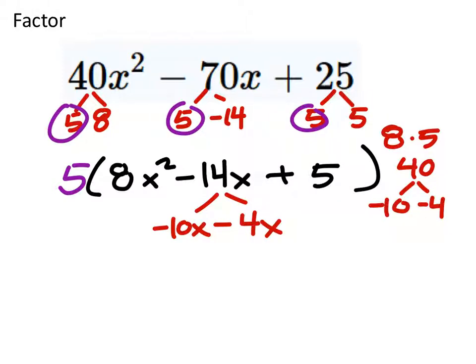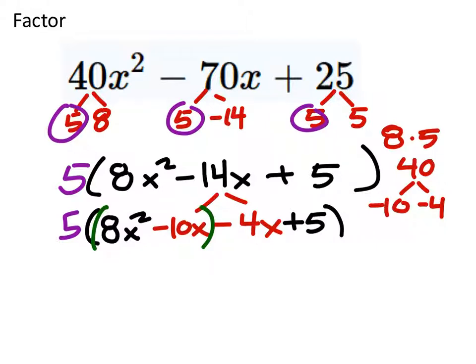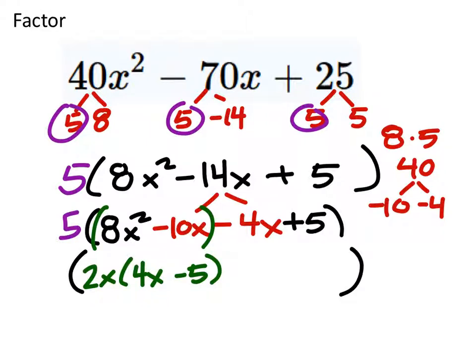All right, now the factoring by grouping. So from this set, I can factor out a 2x, which leaves me with 4x minus 5. And that's in this big set of parentheses. From this negative 4x plus 5, I need to factor out a negative 1, which gives me positive 4x minus 5, which is what we wanted.